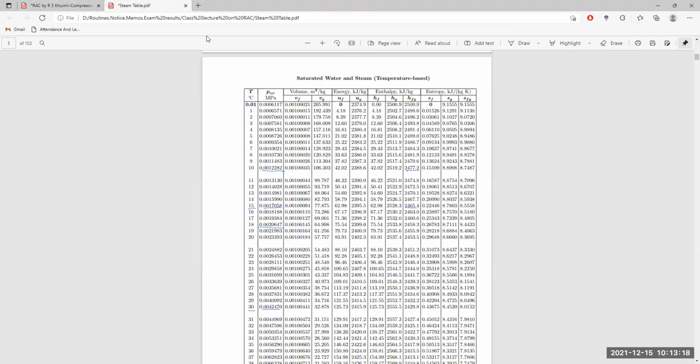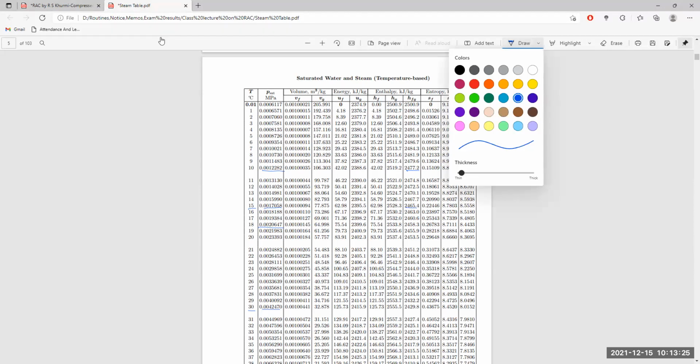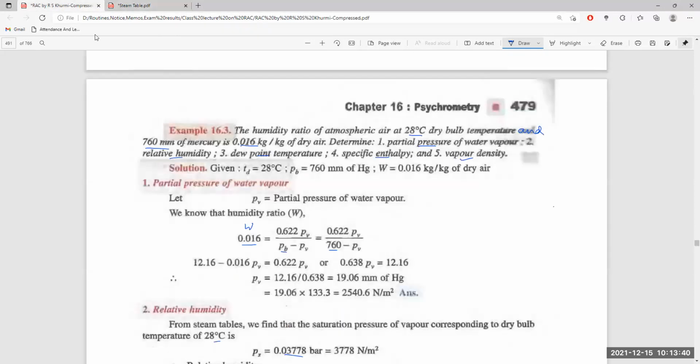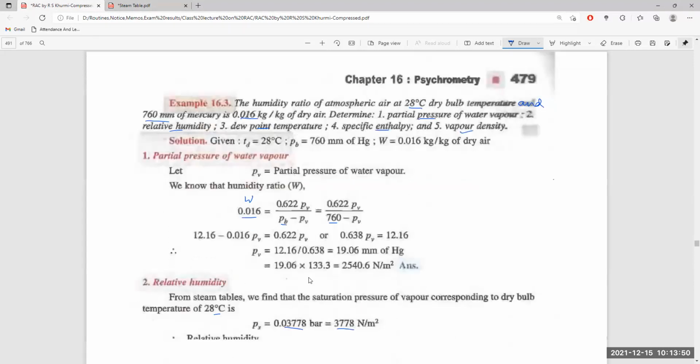So at 28 degrees centigrade, it will be around 0.0378 bar, or 3778 Newton per meter square.